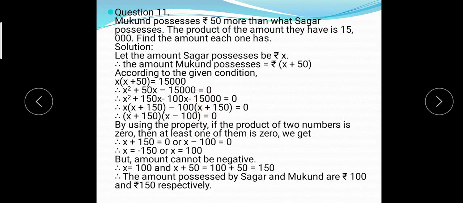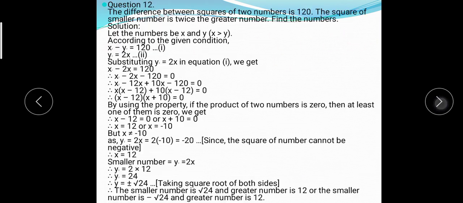So by using the property of product, if the product of two numbers is 0, then at least one should be 0, and therefore x plus 150 is 0 and x minus 100 is 0. So x is equal to minus 150. So the amount is negative? No. And therefore x is equal to 100. So Sagar possesses 100 rupees and Mukund possesses 150 rupees. See, the product of both is 15,000.